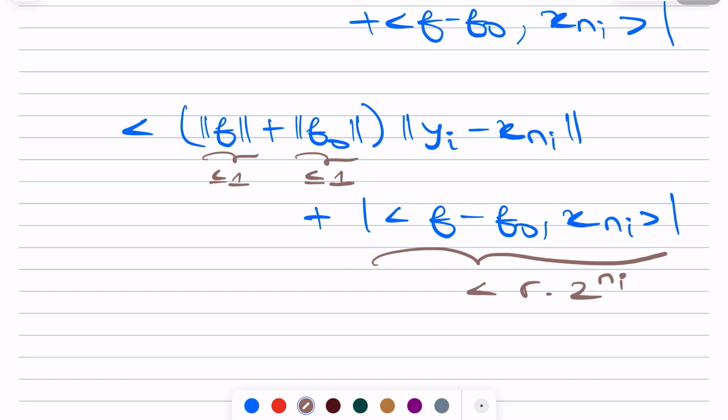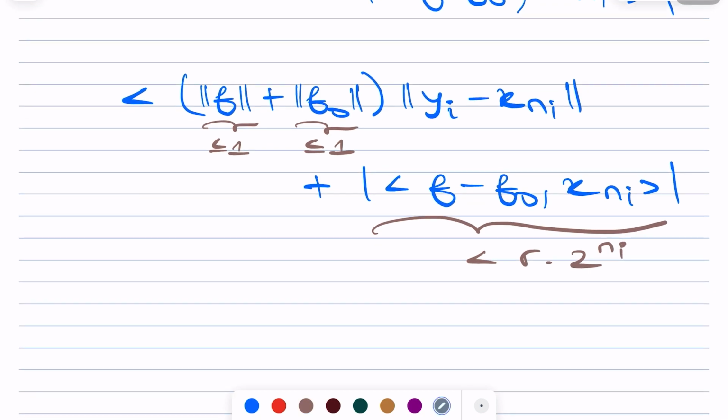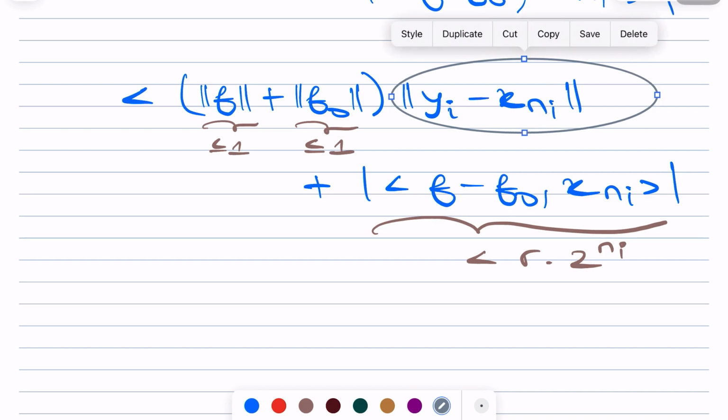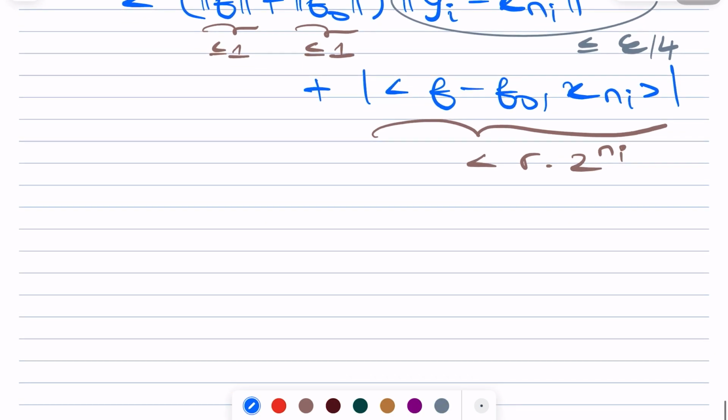Okay, and also we saw that this is less than or equal to epsilon over, I think it was epsilon over 4. So if you use all those bounds, you get this is less than epsilon over 2 plus R times 2 to the power ni.